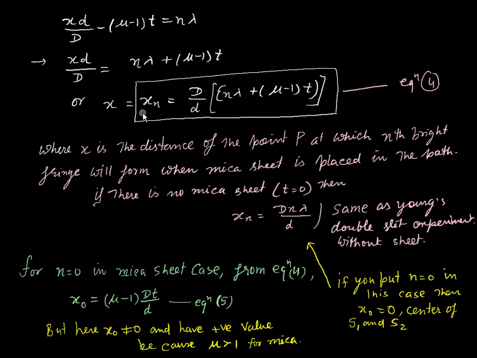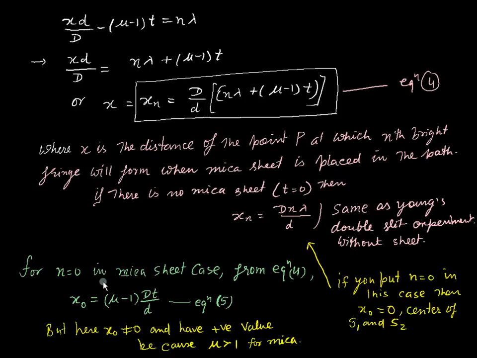Here x basically is the distance of the point P at which the nth bright fringe will form when the mica sheet is placed in the path. If there is no mica sheet, then that means t is equal to 0. If I put here t is equal to 0, this factor becomes 0 and we get xn is equal to n lambda capital D upon small d, and this result is almost the same as you have seen in Young's double slit experiment without the mica sheet.